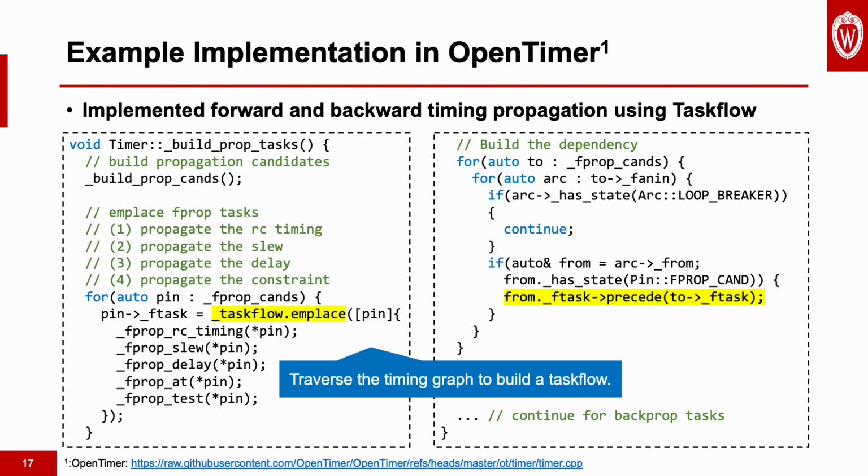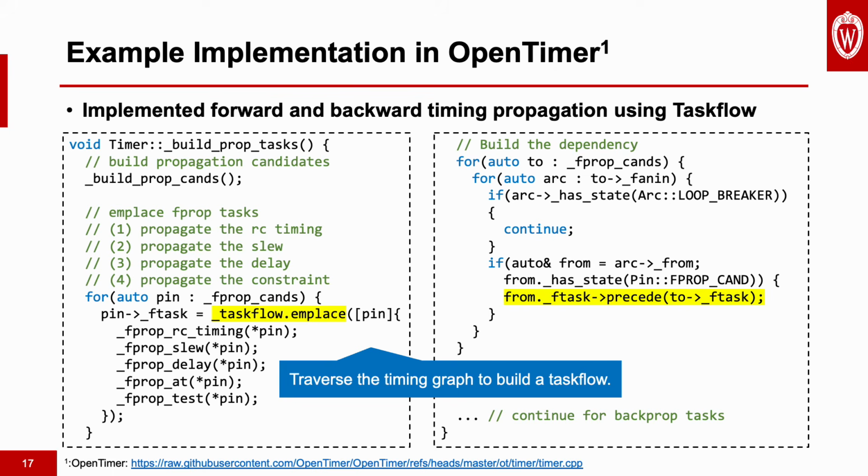This slide shows an example implementation of our algorithm in OpenTimer v2 that implemented the forward and backward timing propagation algorithm using Taskflow. In the core function build prop task, we traverse the timing graph to build a Taskflow graph, where each task encapsulates different propagation functions such as RC timing update, slew update, delay update, arrival time update, and so on and so forth.